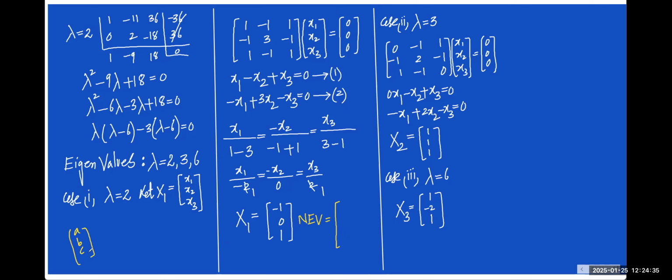If you want to find the normalized eigenvector, the formula will be A by under root A square plus B square plus C square, B by under root A square plus B square plus C square, C by under root A square plus B square plus C square. So the work will be done here directly. Minus 1 by under root of A square plus B square plus C square is root 2 only, and this is 0 only. This is 1 by root 2.